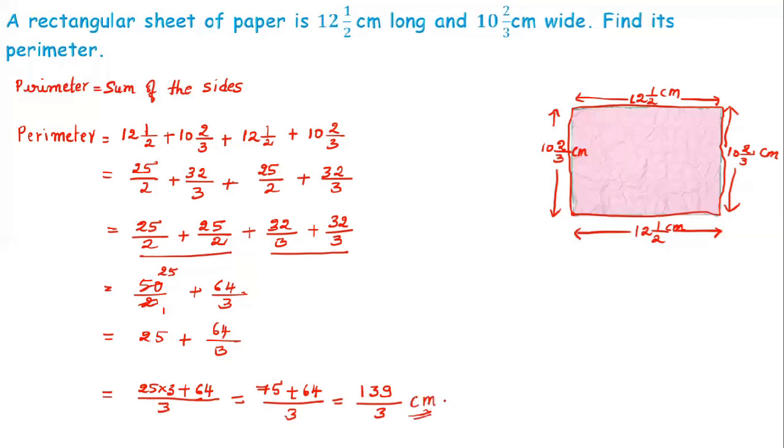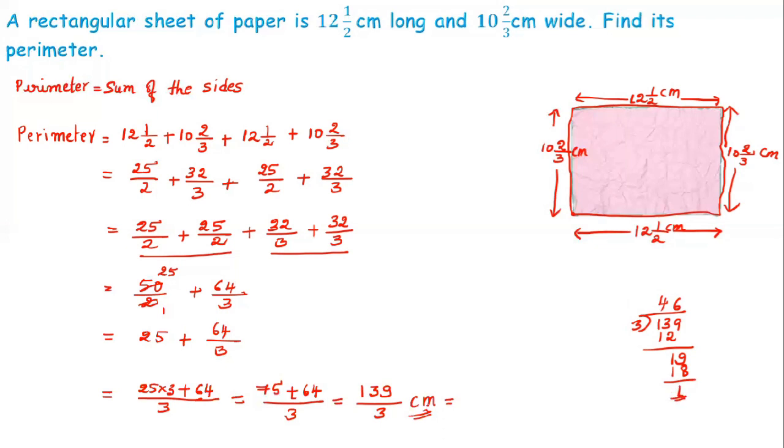139/3, or you can convert it into a mixed fraction. 3 4s are 12, 1, 3 6s are 18.